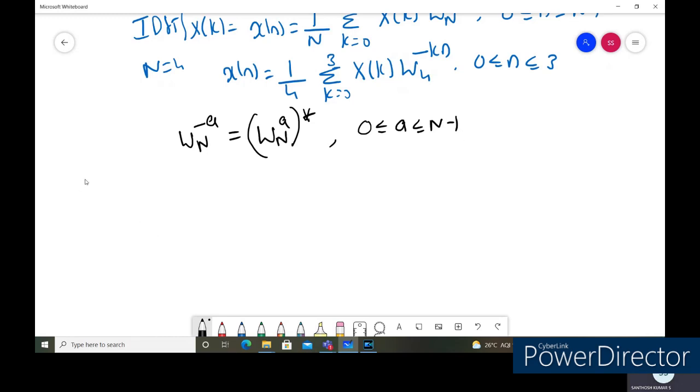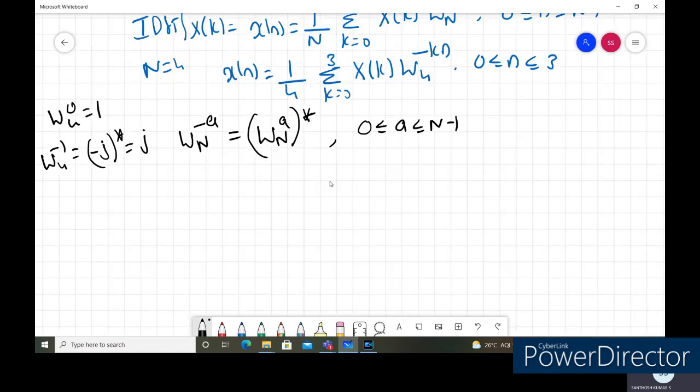So the twiddle factors range from omega 4 to the power of 0, which is 1, and omega 4 to the power of minus 1, which is the conjugate of omega 4 to the power of plus 1. In the previous problem we saw that it is minus j, and its conjugate becomes plus j.